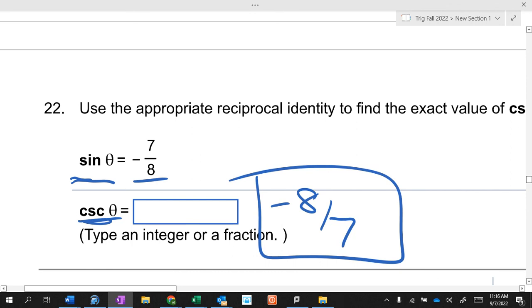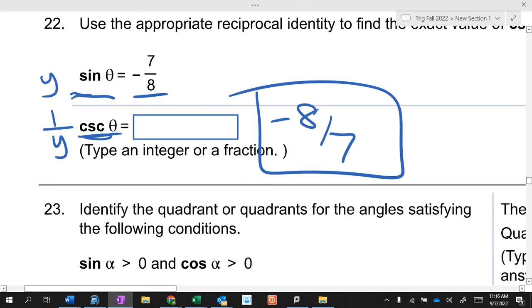Okay, so that's y, because the sine equals y. Sine is y. Cosecant is 1 over y. So you have 1 over negative 7/8, and then you have to flip it. It's just a reciprocal. So sine and cosecant are reciprocal functions, so you just flip over the fraction.